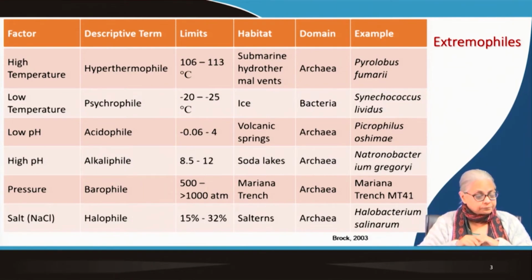So these barophilic bacteria are capable of withstanding pressures of 500 to more than 1000 atmospheres. And the Marianas Trench, which is considered to be the deepest point on the planet, there are bacteria that have been found even in that location. It's again an archaeobacteria, and it's been named for the location, so it's called Mariana Trench MT41.